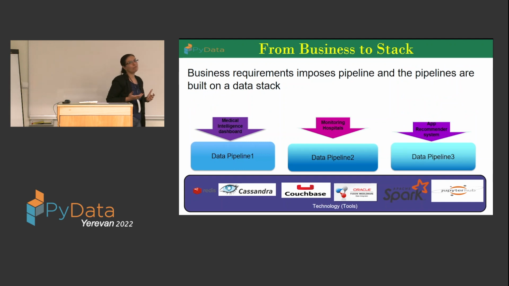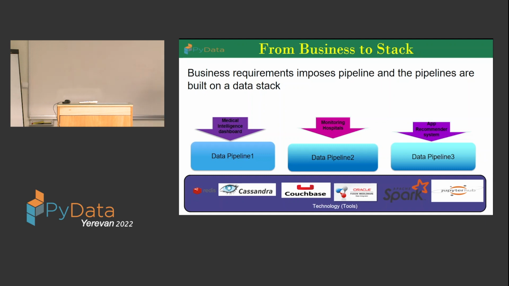What happens in the real world is that the business has some requirements. In the business I work in, it can be, for example, a medical intelligence dashboard, a dashboard which shows medically what is happening in the e-prescription world.